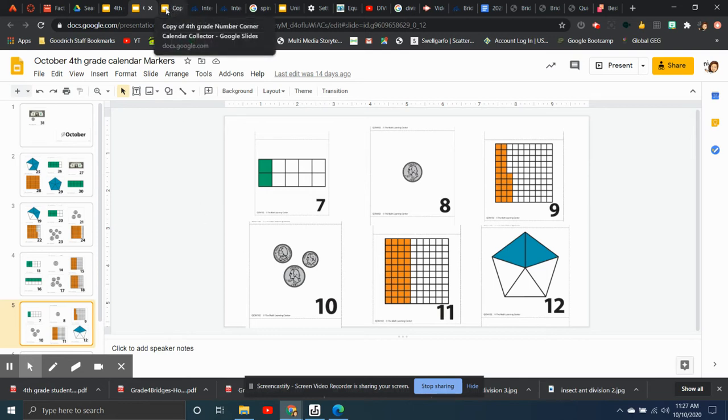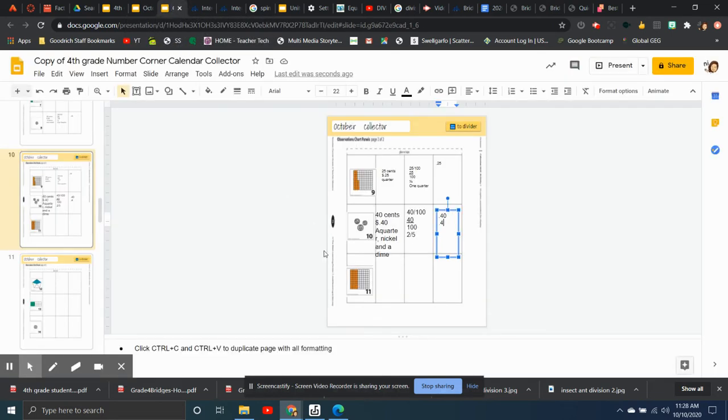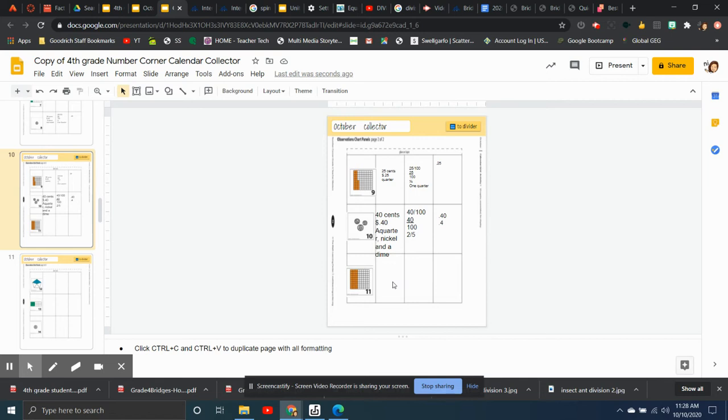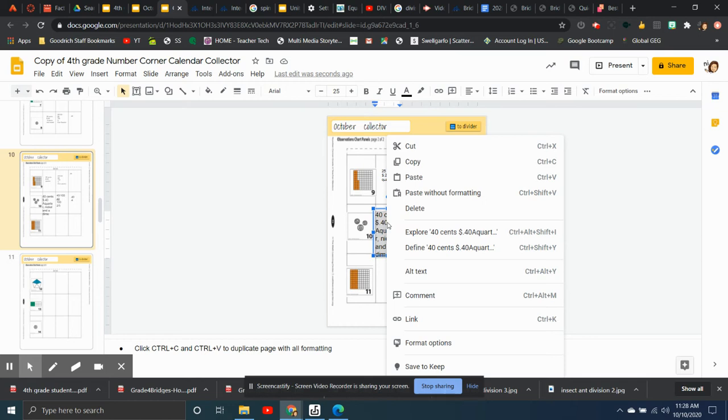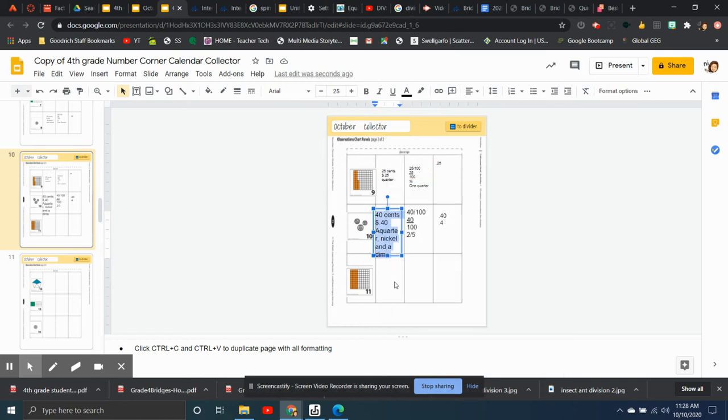Or 4 tens if you're not looking at it as a fraction. All right. So in money, it's going to be the same thing, isn't it? So this is going to be the same exact thing as this.